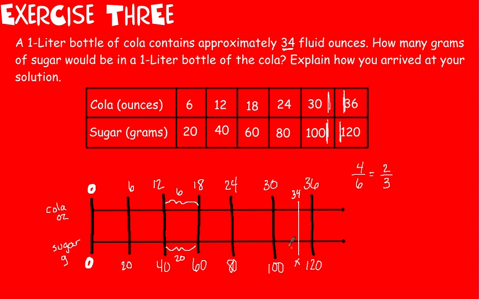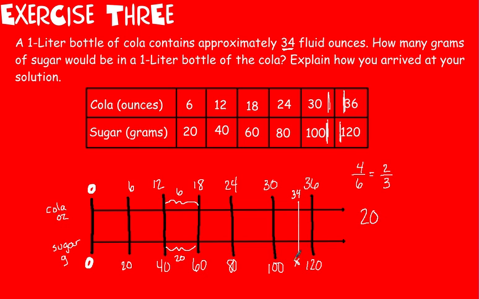Well, in this case, it's not 4, because in order to be 4, this would have to be between 100 and 120 would have to be 6. But between 100 and 120, we said that there are 20 units. So in those 20 units, I only want to go 2/3 of the way. I don't want to go the whole way. I don't want to go the full 20.